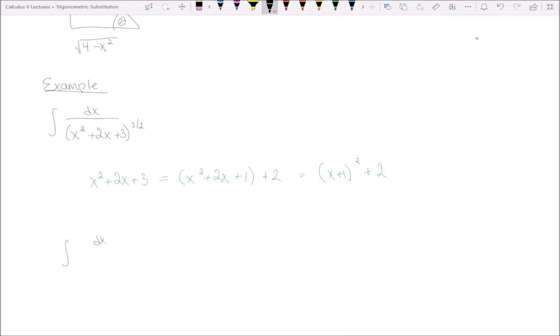So our antiderivative now has this form. Dx over the quantity of x plus 1 squared plus 2 raised to the 3/2 power.